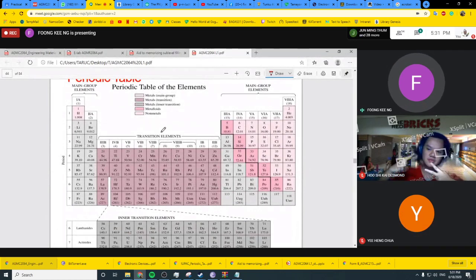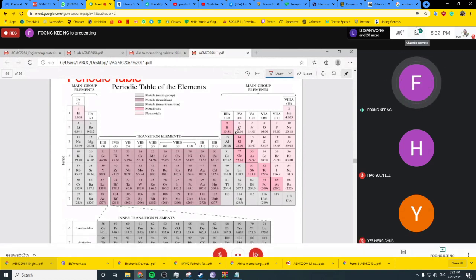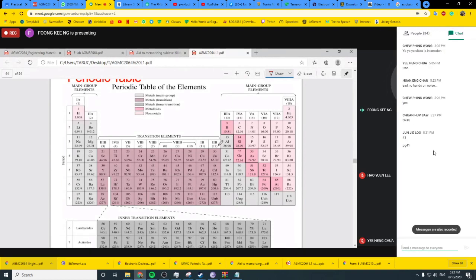So you must understand why the elements are arranged in such a way. Why are they placed in this position and not other positions? Why are they placed in this group and not other groups? There's a reason for that, and it is based on the number of electrons. The number of electrons that we are packing into the element refers to the number of protons, because at the moment, all atoms of the element are neutral, they are not charged.